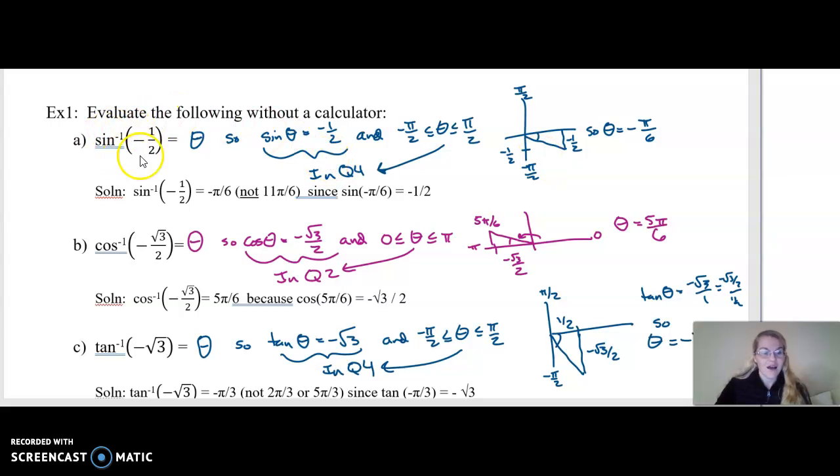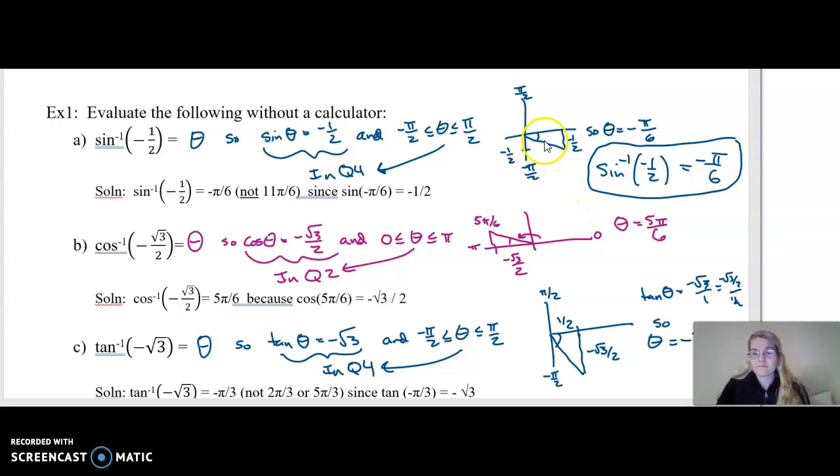But because of my restriction on the range, because of my restriction on what theta can be, it's got to be in quad 4. So you draw your right triangle, reference triangle. My theta here is going to be negative pi over 6. So I can say that sine inverse of -1/2 is negative pi over 6.